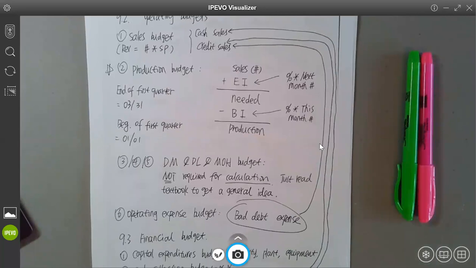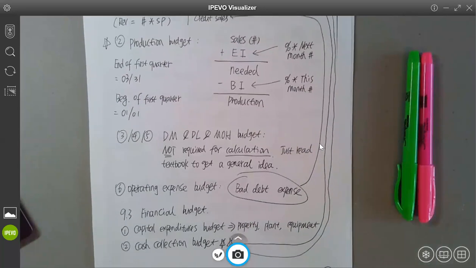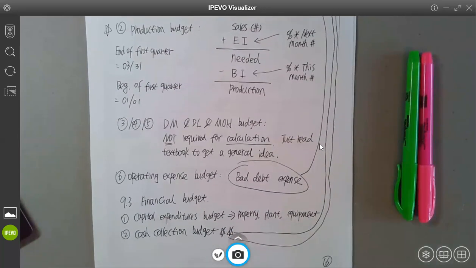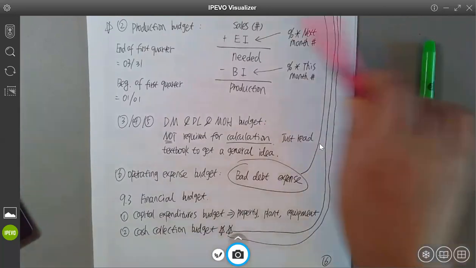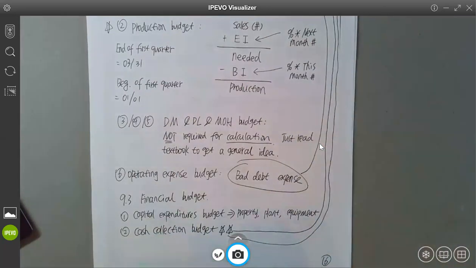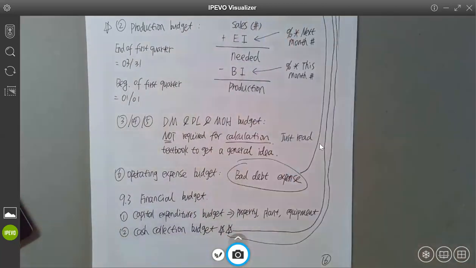Once you have a sales budget, you can start thinking about how many units to produce. We said the production budget is a little bit different from your sales number because you have an ending inventory and you have a beginning inventory. Let's say you assume to sell 300,000 units. Let's say toilet paper now, right? In this crazy situation, everybody wants to buy toilet paper.